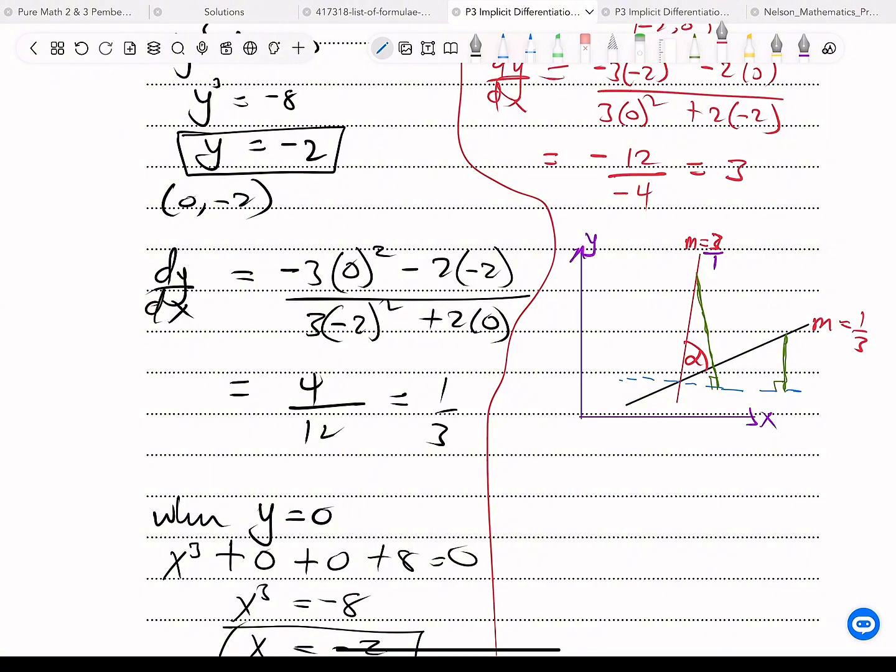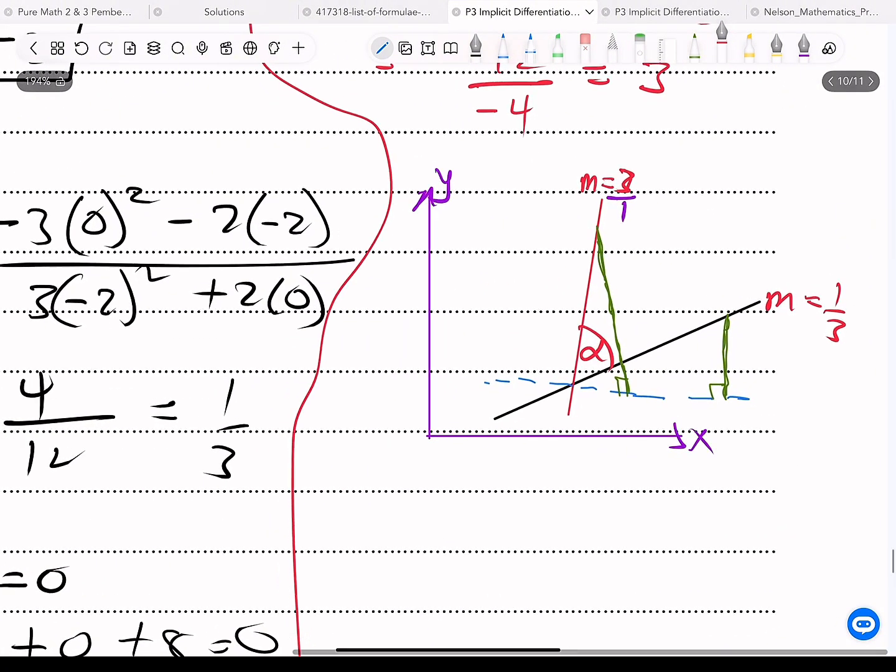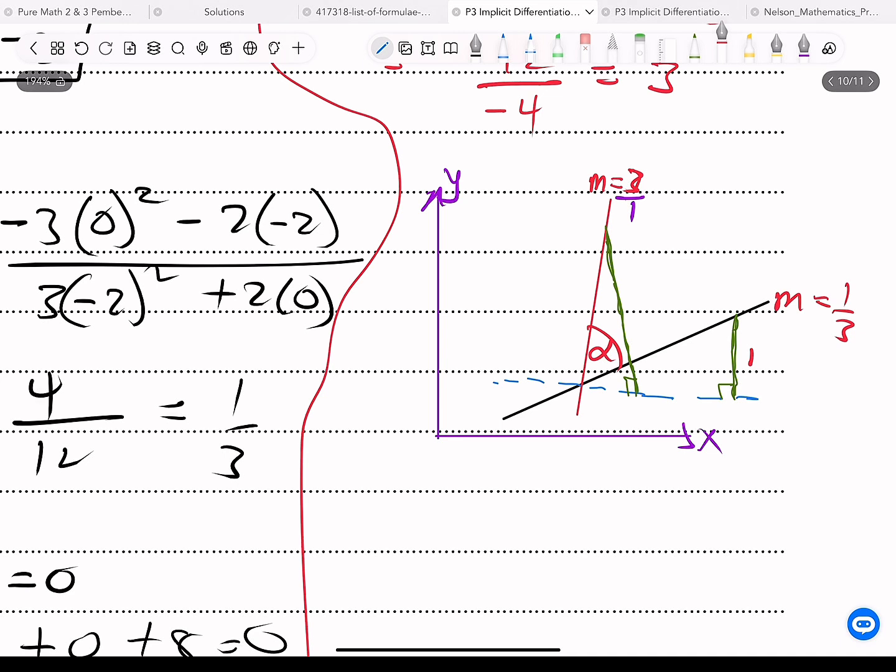So if they wanted only alpha, then we know the rise is 1 and the run is 3 here, and here it will be 3 and this would have been 1. So that would have been super easy for us to just find the angle here. Let me call that beta, and it will be easier for us.